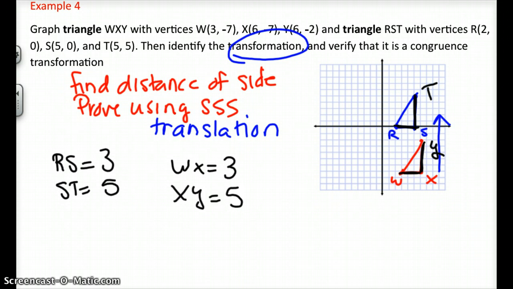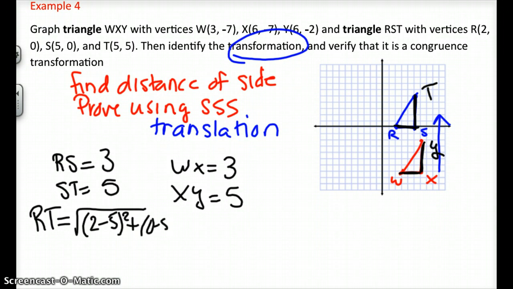And then now I need to do my RT, and because I cannot count that, I'm going to need to use my distance formula. So I'm going from R to T, so I'm going 2 minus 5 squared plus 0 minus 5 squared.